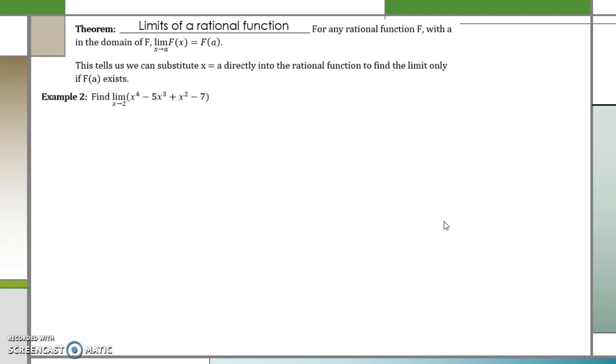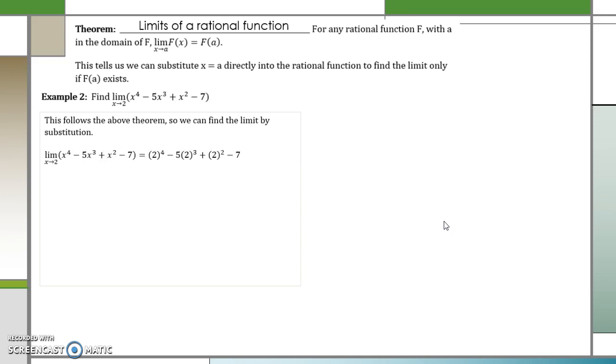So let's find the limit as x approaches 2 of the rational function x to the 4th minus 5x cubed plus x squared minus 7. So we can use the above theorem, we can find the limit through substitution. So as x approaches 2, let's substitute in 2 for everywhere where we see x.